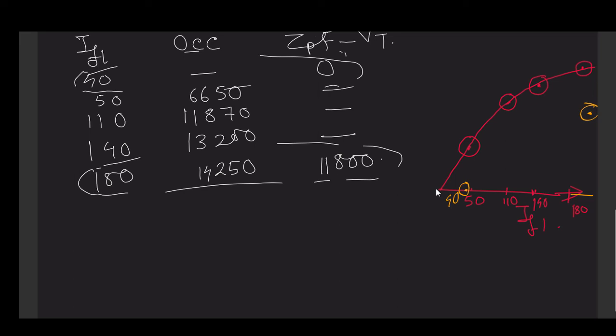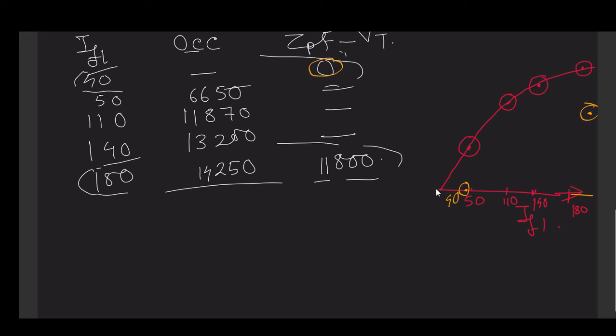Now we need to construct the ZPF. So how can we construct that? IF equal to 40 ampere produces full load current on your short circuit, right?